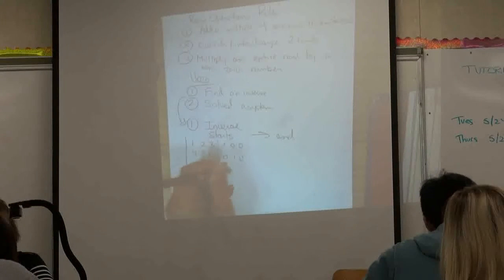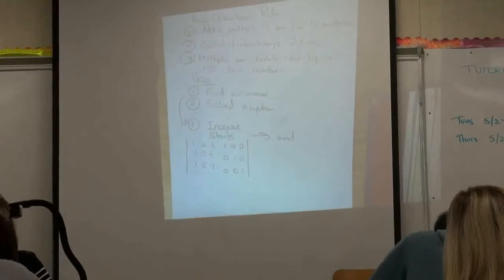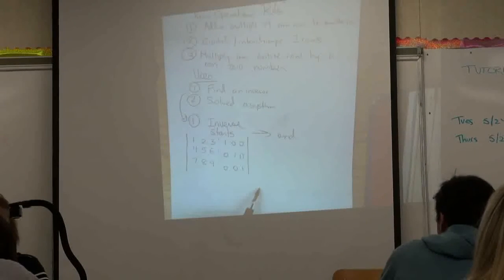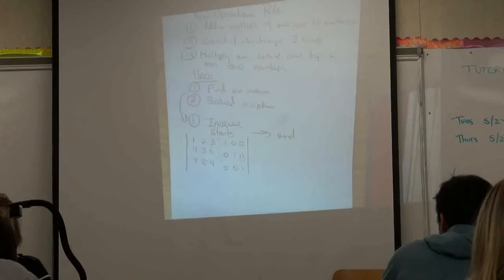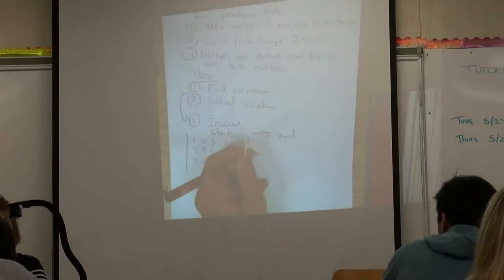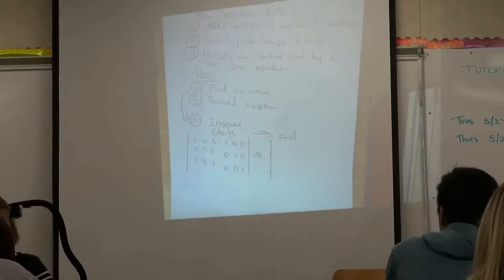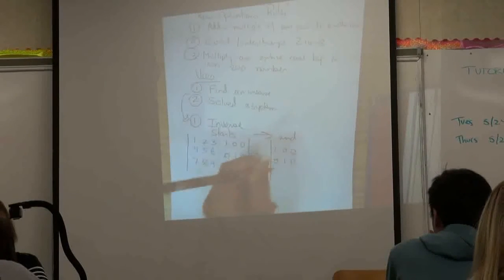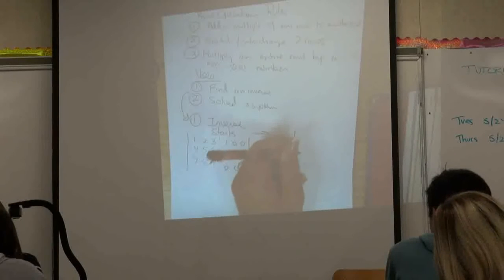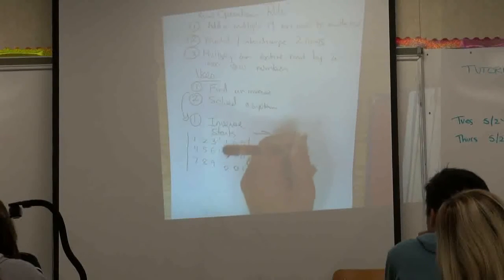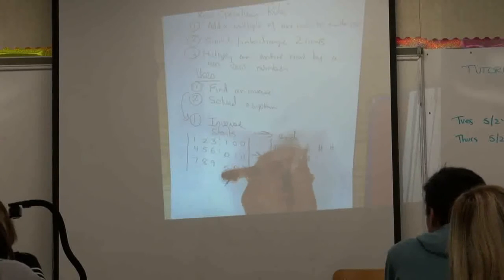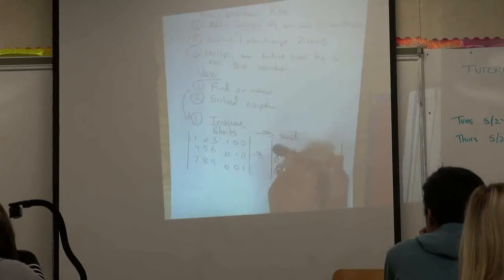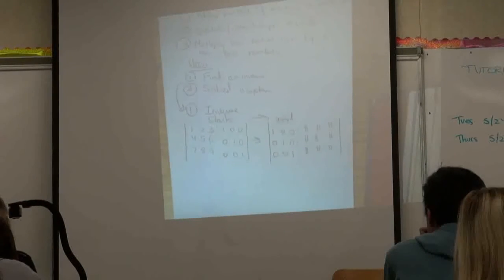The identity matrix is a matrix with 1s on its main diagonal and 0s everywhere else. And your goal was to get the identity matrix on the left side, and what did that turn the right side into?